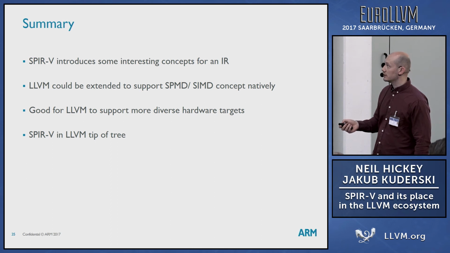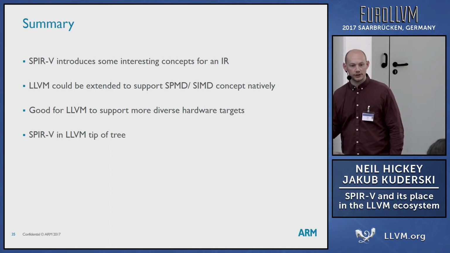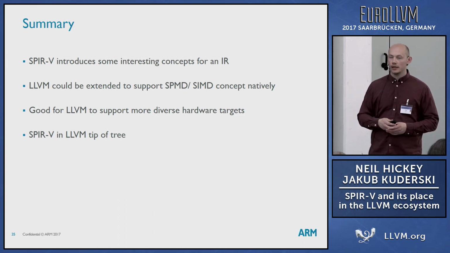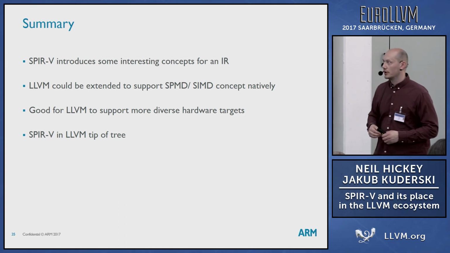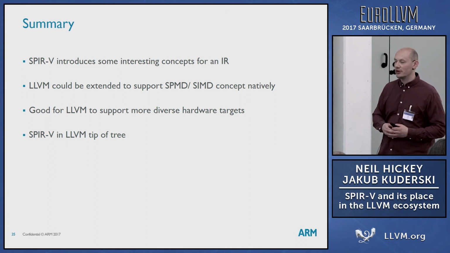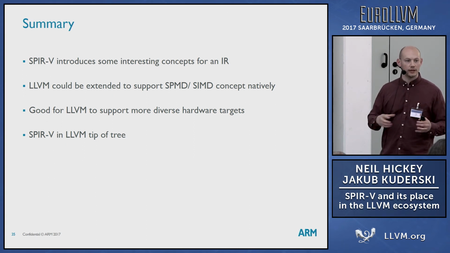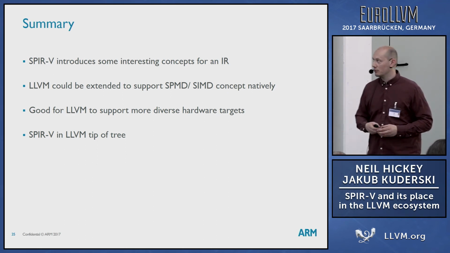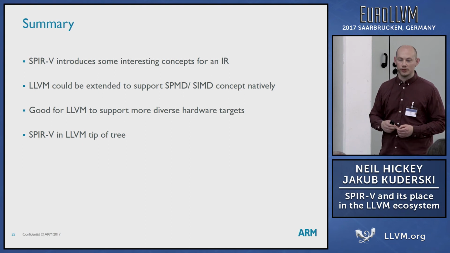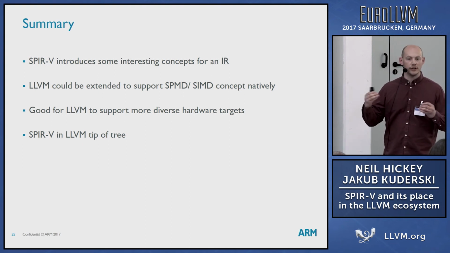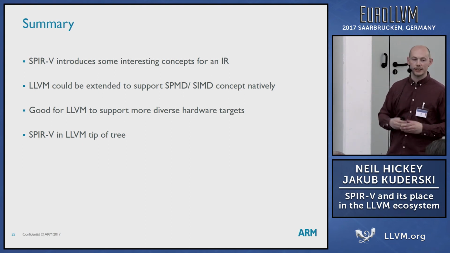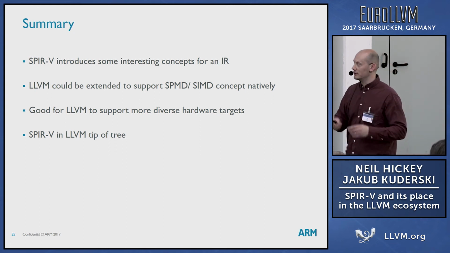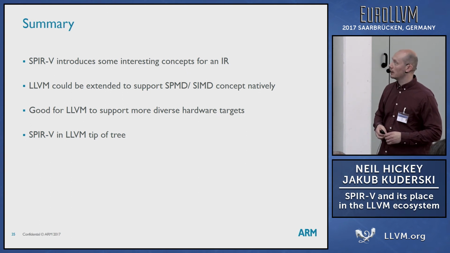Jakub briefly mentioned the SPIR-V LLVM converter. That's something the LLVM community considered taking into tip of tree, but we'd like to revisit that discussion and see how to integrate some kind of translation from SPIR-V to LLVM. We're probably going to have to implement a backend for SPIR-V realistically, but also consider how we take SPIR-V in as a front-end language, and how we add that into the LLVM body of work.